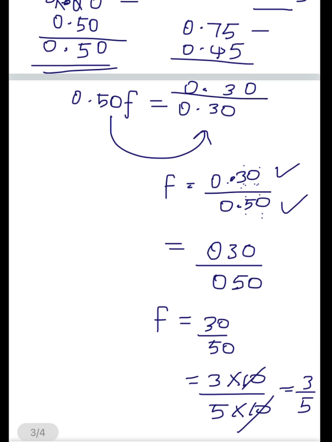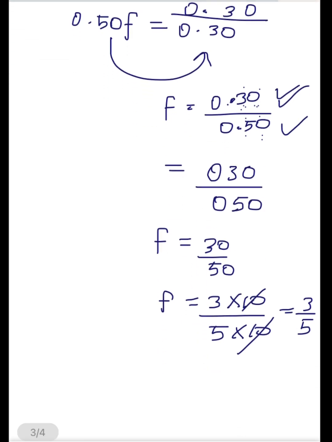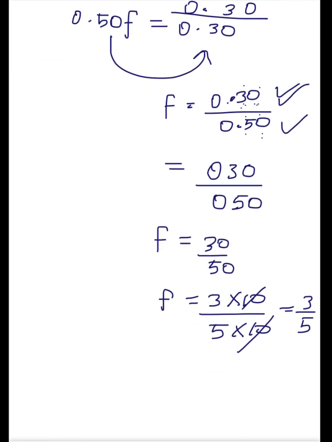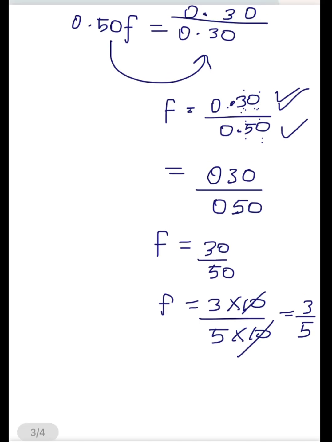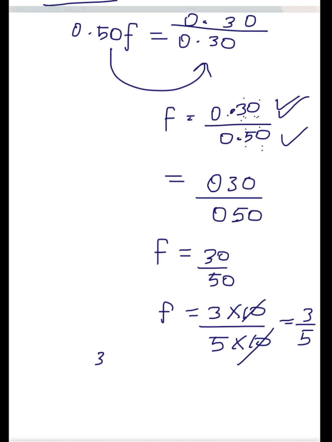From here itself you will understand it's 3 by 5, but I have explained the step for understanding how you are getting this 3 by 5. So you will get the answer as f is equal to 3 by 5. But since our questions are all in decimal type, we can convert this 3 by 5 also to decimal. How will you convert this 3 by 5? You need to just divide 3 by 5. How many 5s are inside 3? 0.